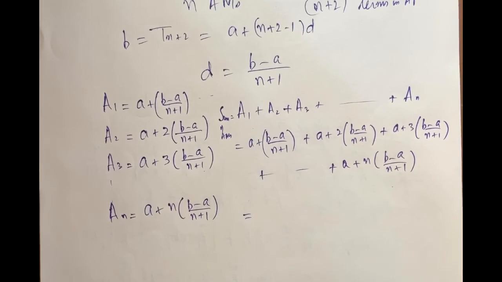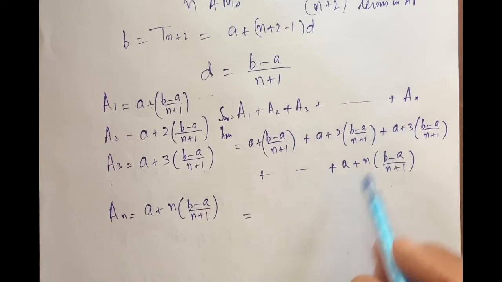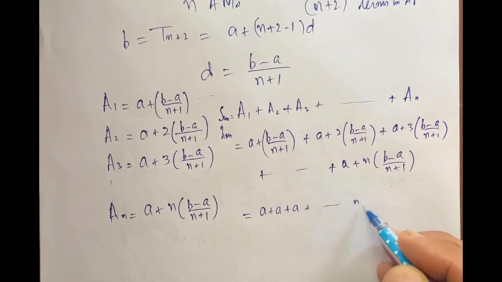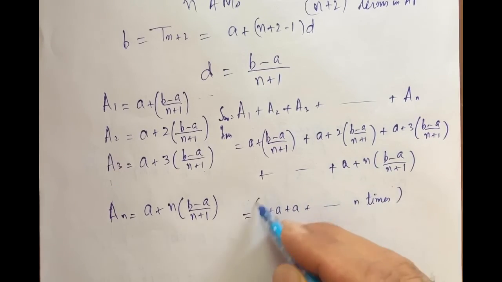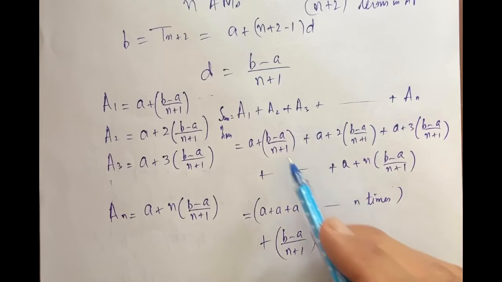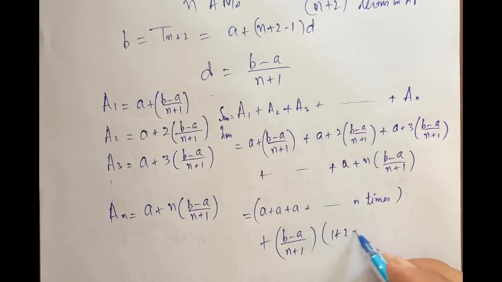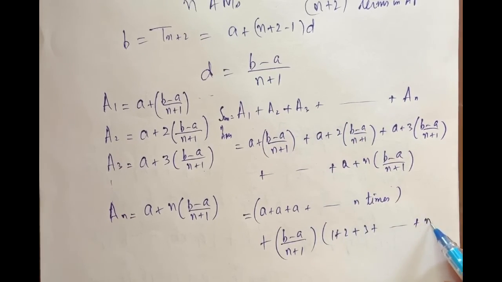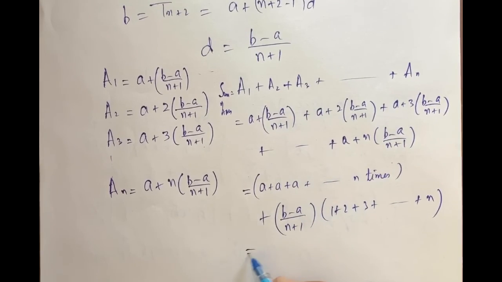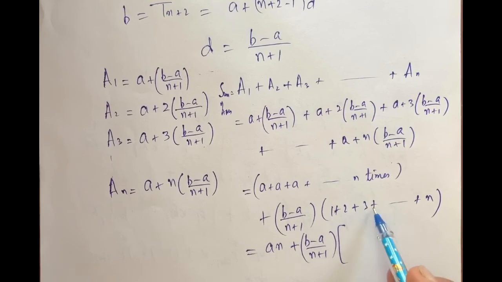That is, the sum of arithmetic means is equal to a plus a plus a, n times, and from these brackets take (b minus a) upon n plus 1 common. Inside it's 1 plus 2 plus 3 and so on up to n. a plus a, n times is a into n, plus (b minus a) upon n plus 1 times 1 plus 2 plus 3 up to n.